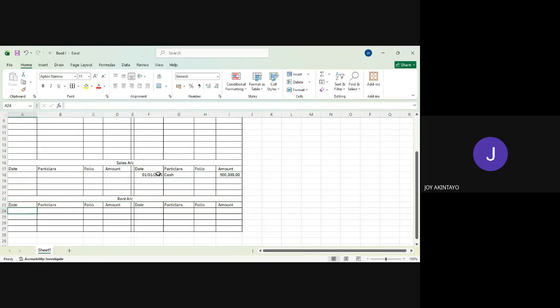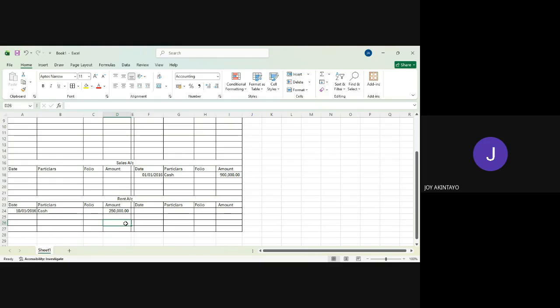So it's coming from where? 250, cash account.